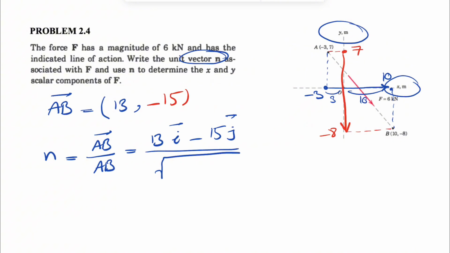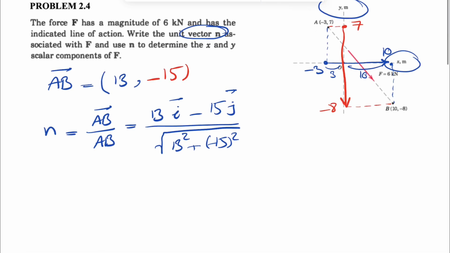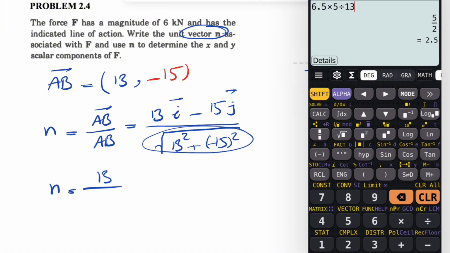We have the square root of x component squared, 13 squared plus -15 squared, and that's going to be our magnitude. So if we want to find our n, we're going to have 13 over the square root of this value. Let's calculate this. The square root of 13 squared plus 15 squared, the negative sign will be cancelled out since we have the power of 2.